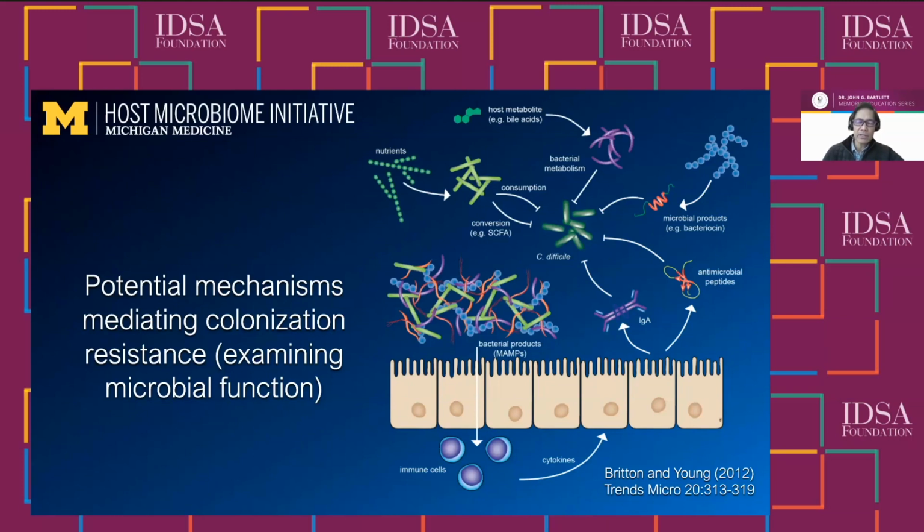So obviously this is a very complex situation, and how can we actually figure out what is going on in particular for C. difficile, or in the setting of AMR, how can we limit an antimicrobial resistant pathogen?